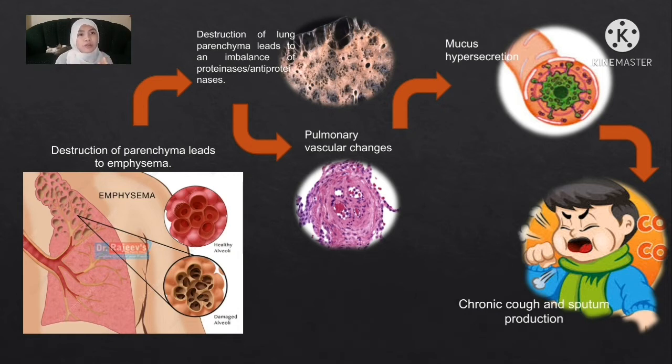The destruction of the lung parenchyma will also lead to an imbalance of proteinases and antiproteinases, whose inhibitors prevent the destructive process.